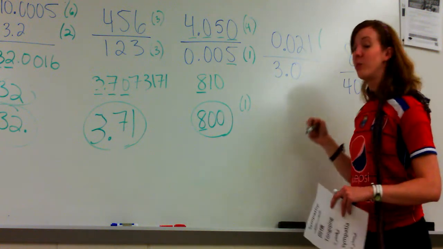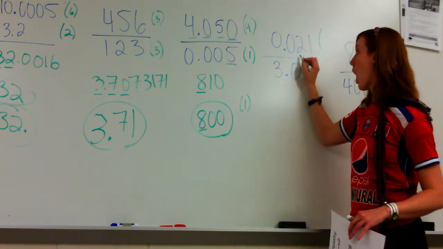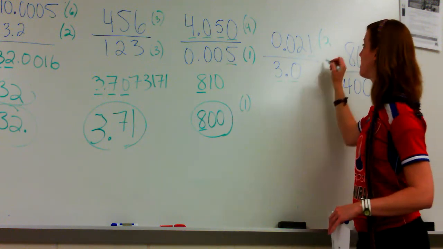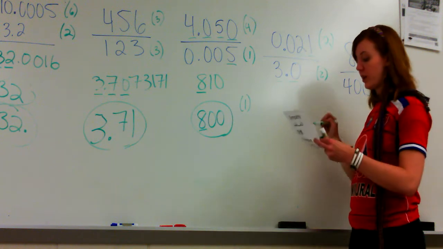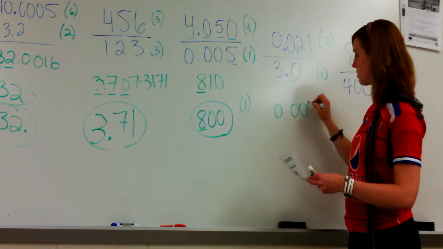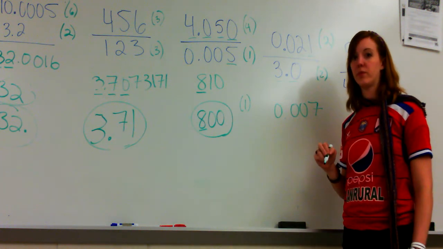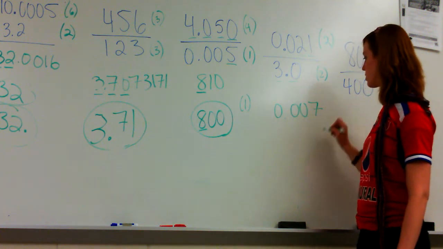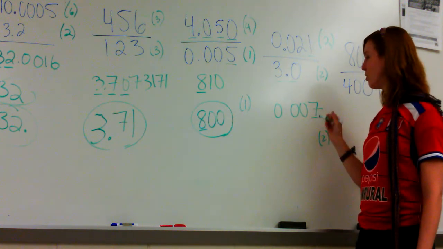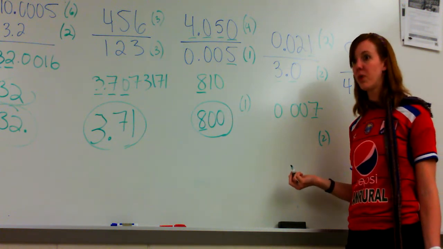This has how many significant digits? 2. This also has 2. So when I divide, my calculator will tell me 0.007. Well, I want 2 significant digits, and this only has 1. So I have a problem.